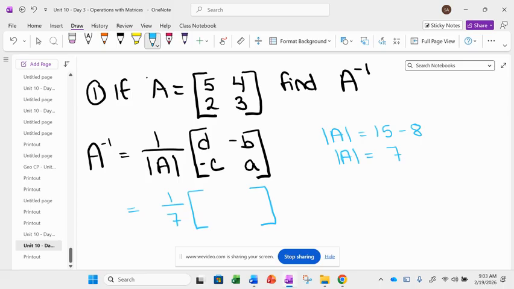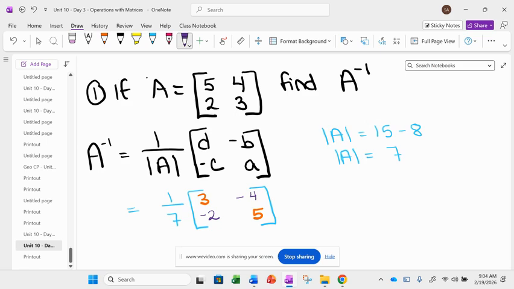Now I'm going to switch A and D. So my first element is 3, my last element is 5. And then I'm leaving B and C the same. I'm just negating them. So I'm going to have -4 and -2. And then I have a scalar times a matrix.